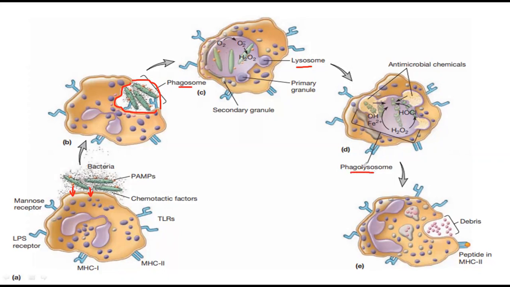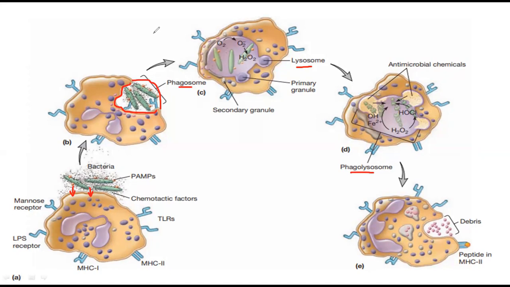If I repeat, first of all, there is an interaction between the microorganism and the immune cell. What is the mechanism of the interaction, and what are the different receptors present on the immune cell? I discussed that in the previous video. After that, they are engulfed in such a way that a cave-like structure is formed, and they are engulfed by the immune cells. This is known as the phagosome.